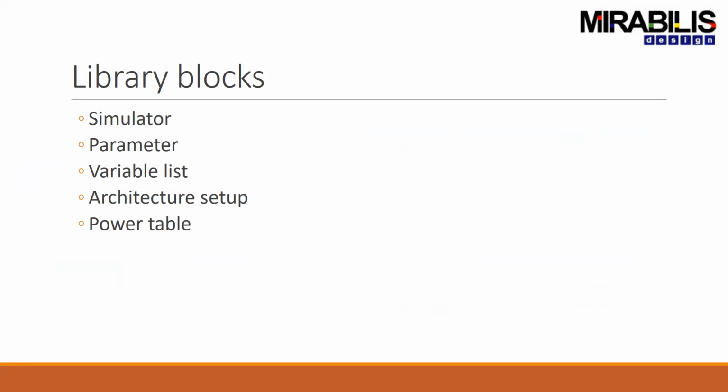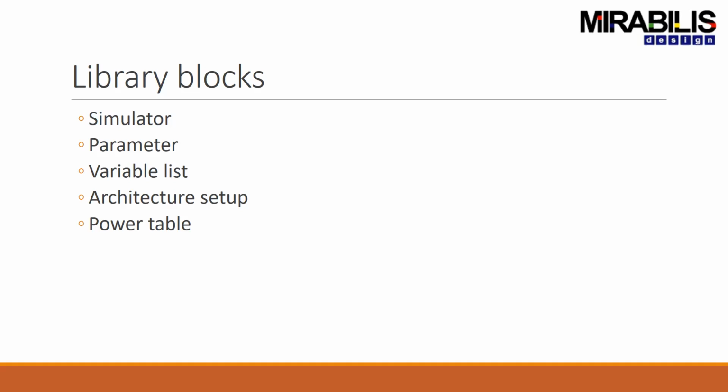So one is the simulator and another is the parameter, which is a top level parameter that we configure at initialization time and it cannot be changed during the simulation. Then the variable list, where we select the variable, but it can be changed dynamically by the execution based on our logic.